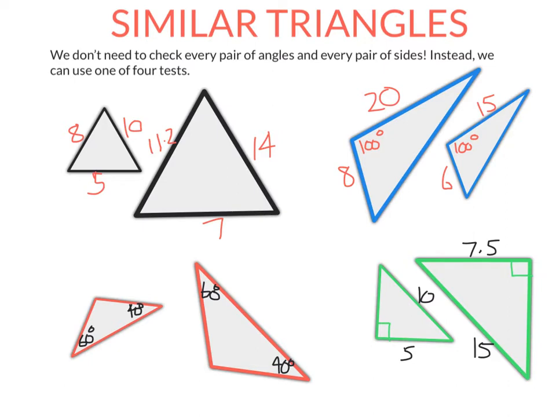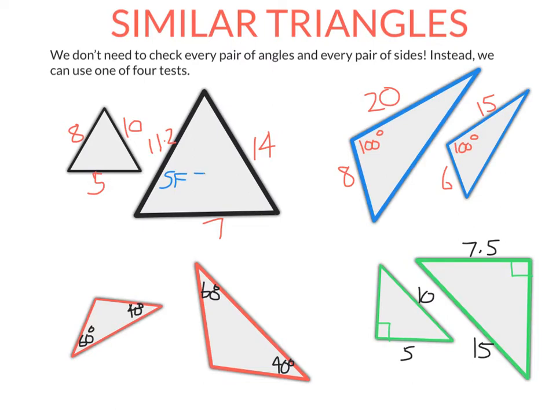We apply the tests to the triangles, and if they pass one of these tests, then they are similar. So let's look at these two triangles here to determine whether or not they're similar. So I have all the side lengths. So the scale factor here, remember, it's the side in the larger shape divided by the corresponding side in the smaller shape. Longest side divided by longest side.